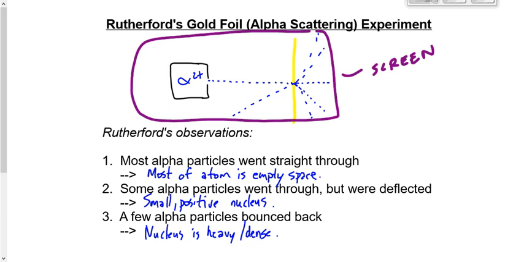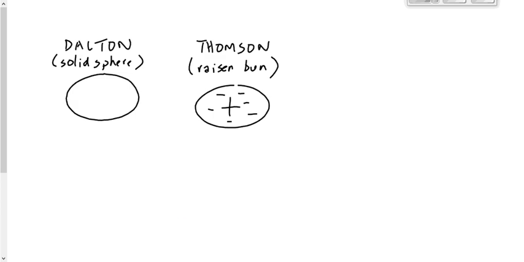So what model of the atom comes from this? It's not our current model, but it's getting closer. Most of the atom is empty space, but there is a small positive nucleus in the middle. Well, we know there's electrons because Thomson discovered electrons in 1897.